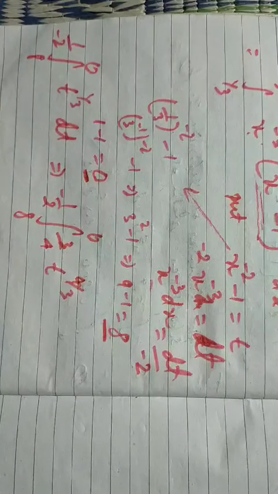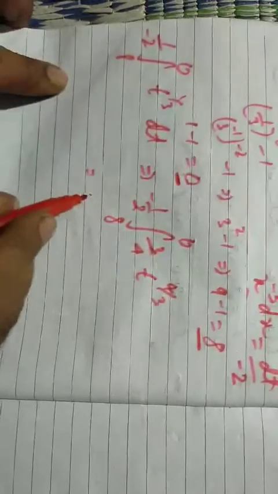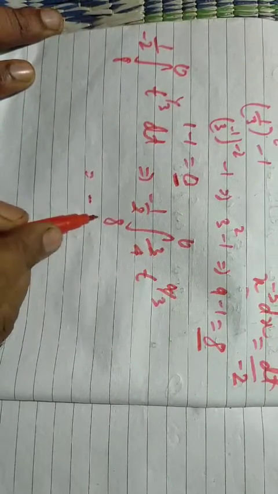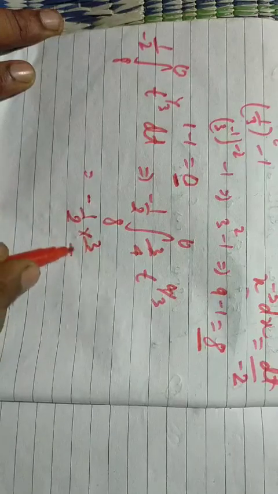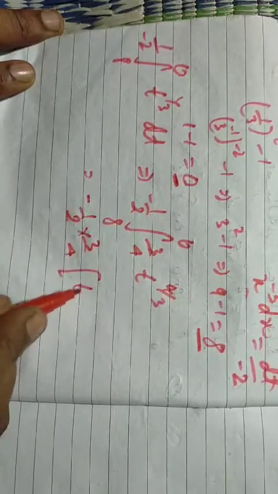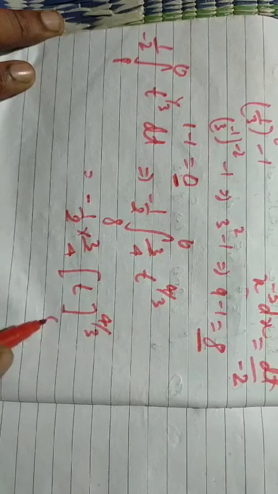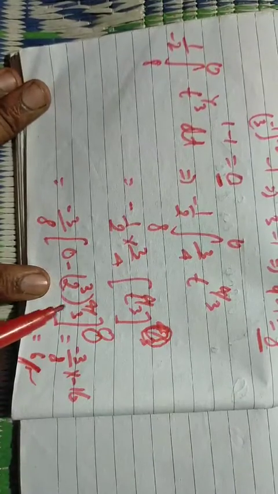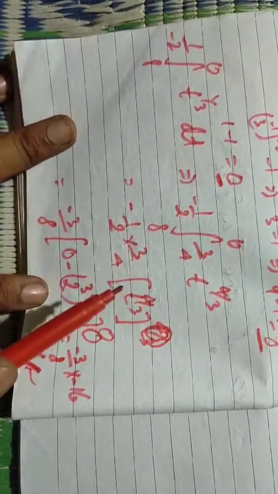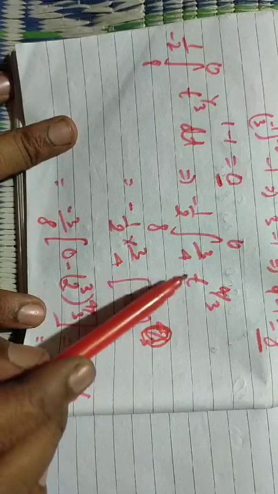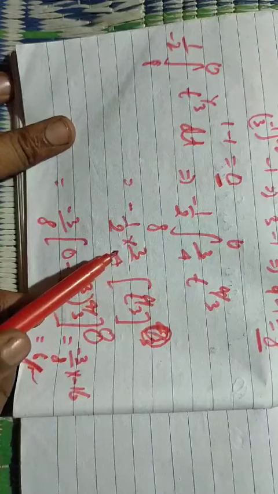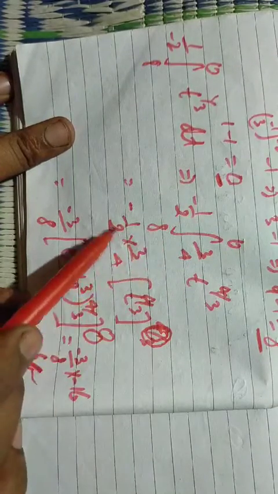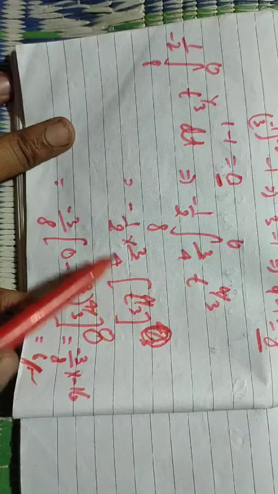Now this 3/4 will come out, minus 1/2 out, so 3/4 is also constant, so I took it out.